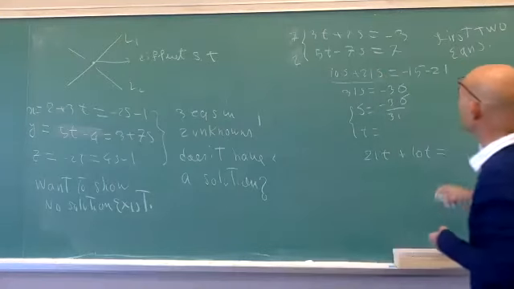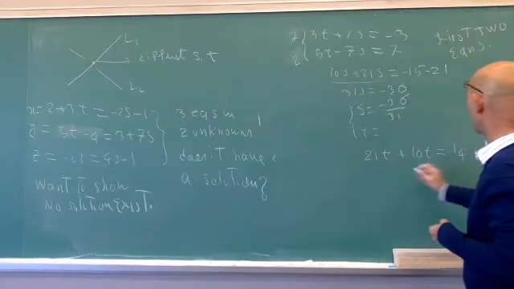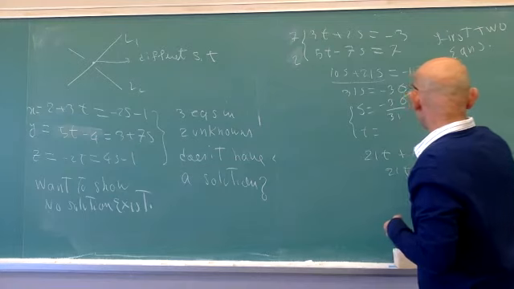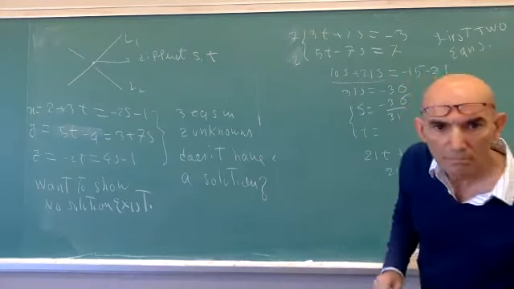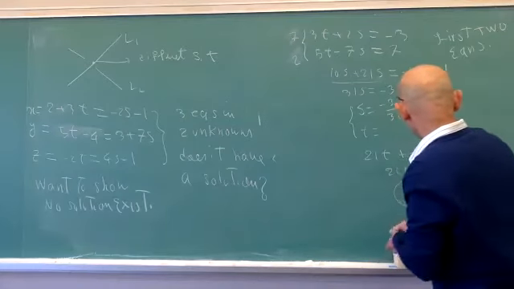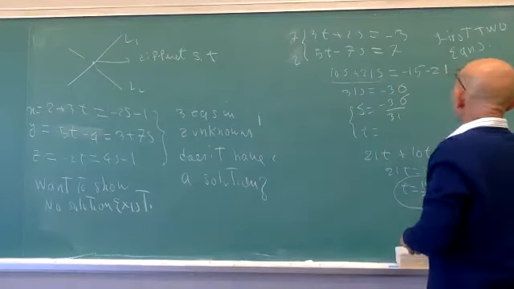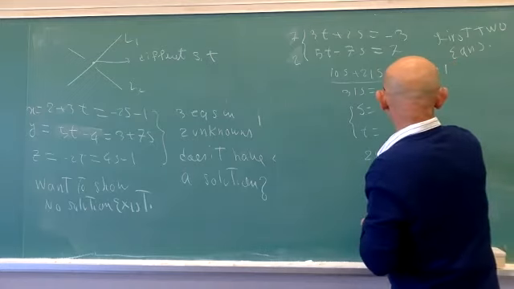Suspiciously looks like the other one. It's 14. So this is 21 now. T is equal to 14 over 21.